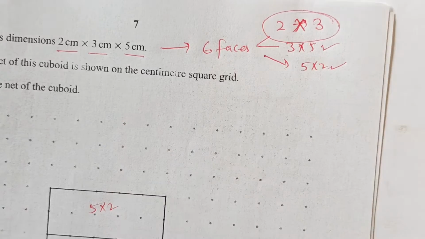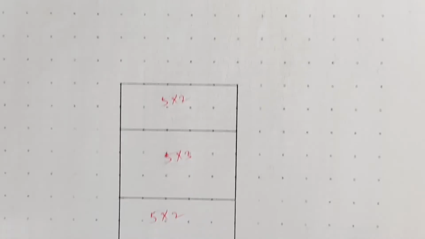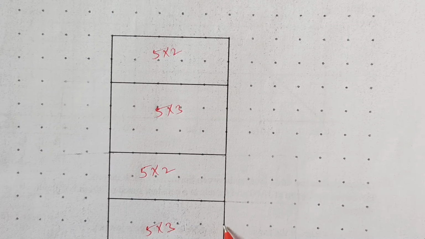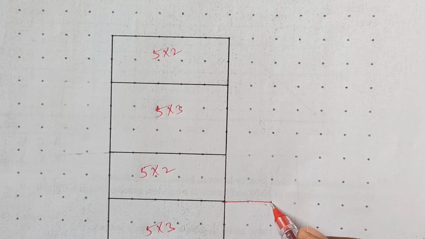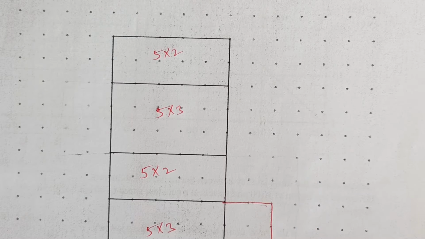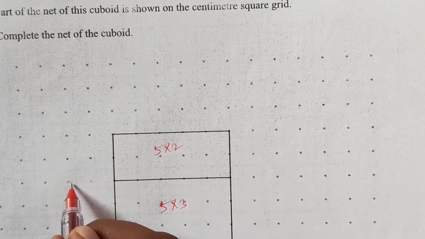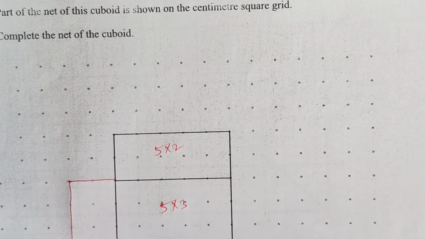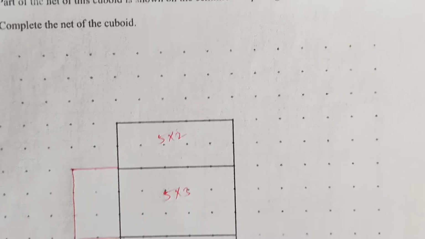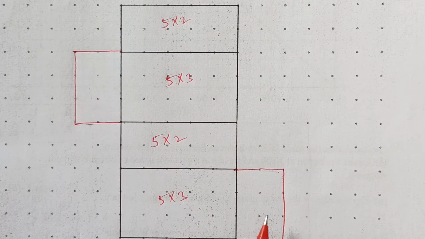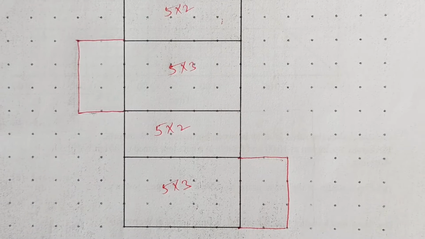We are left with 2 of 3. So 2 and 3. So where we can put, we have 1, 2, 3. We need 2 centimeters this side. So one could be here and another one can be here, like this. So now we have 6 faces, 1, 2, 3, 4, 5 and 6. Okay.